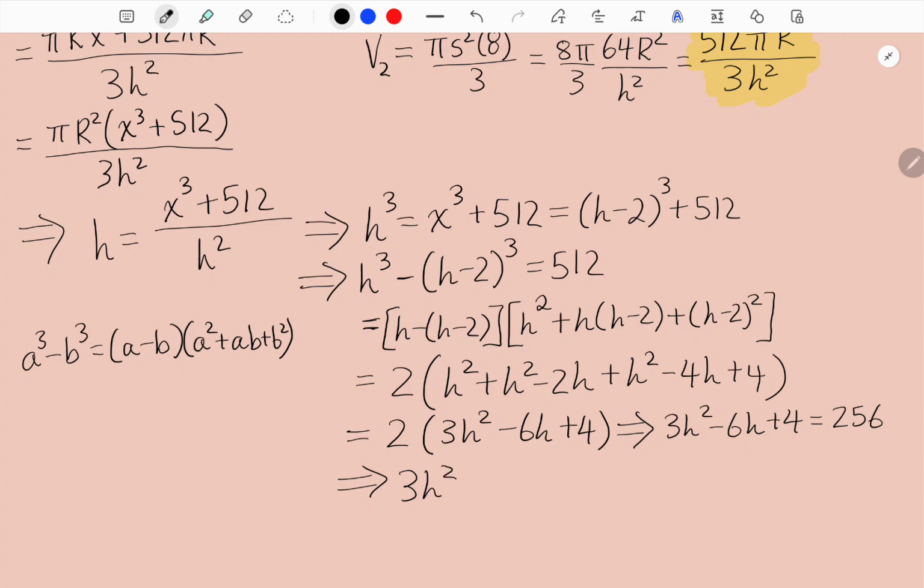We get 3h squared minus 6h plus 4 minus 256 is equal to 0. Now 4 minus 256 is going to be minus 252. Actually, I'll just do this in the next step. So this is equal to 3h squared minus 6h minus 252.